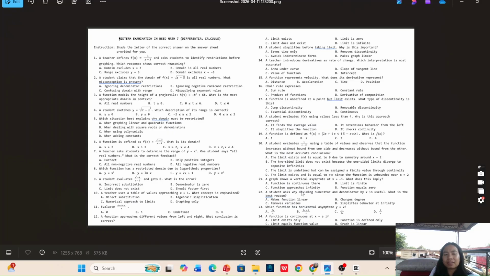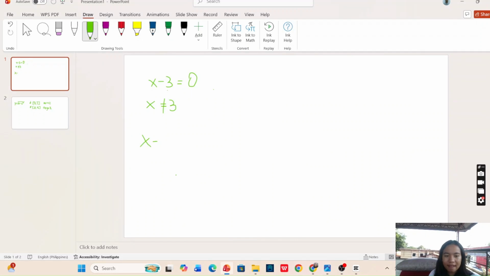The student ignores negative radical restriction because when we get the domain of a radical function, the radicand must be extracted and set as greater than or equal to 0, such as this. x minus 5 is greater than or equal to 0. And transposing to the other side, x is greater than or equal to 5.